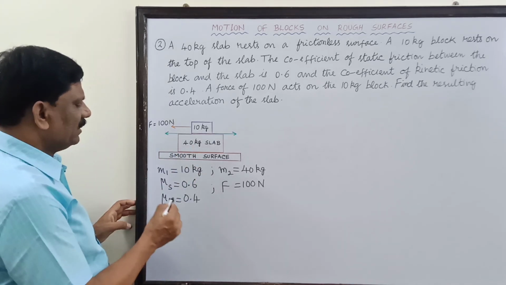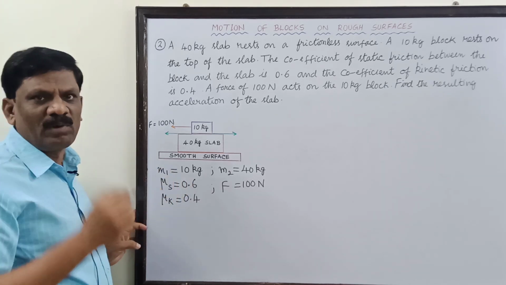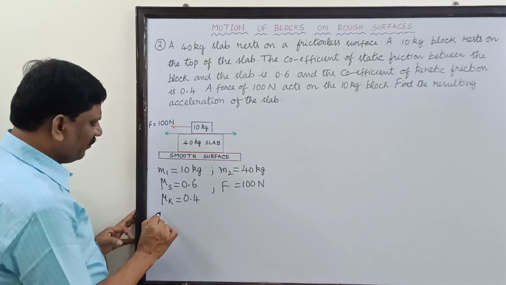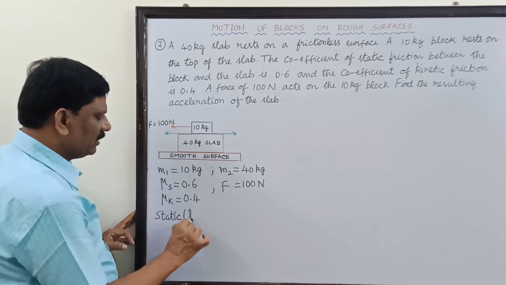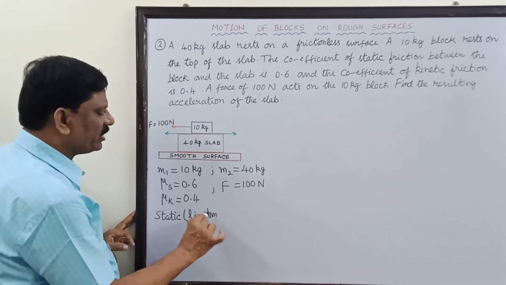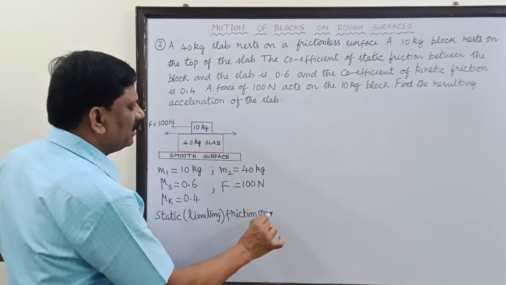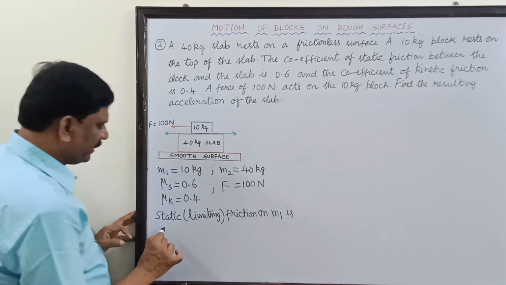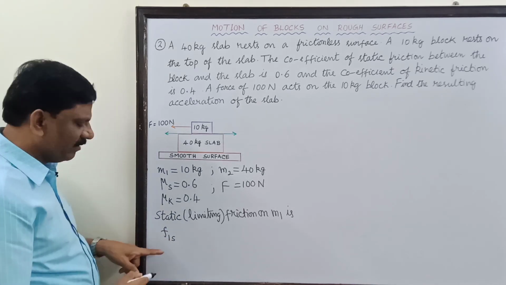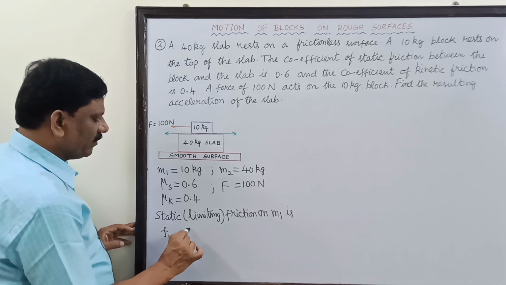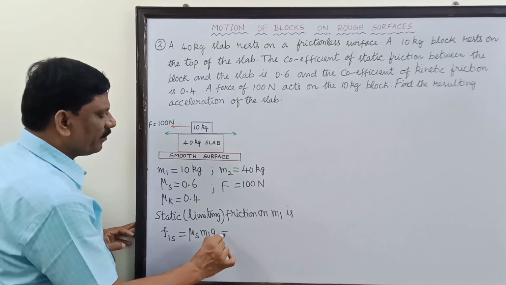Now first of all, children, the static friction coefficient and kinetic friction coefficient of the 10 kg block are given. So first we will find out the limiting friction, which is also called the static friction. The static friction on M1 is taken to be F1 static. So F1 static is equal to mu static into mass M1 into g.